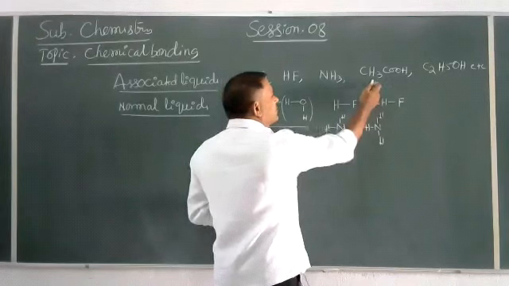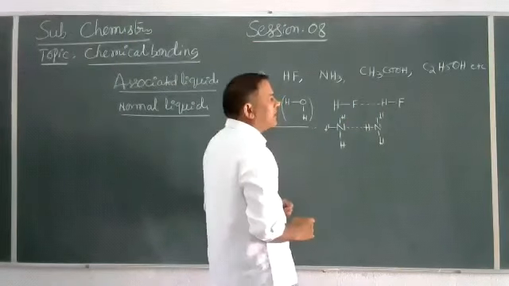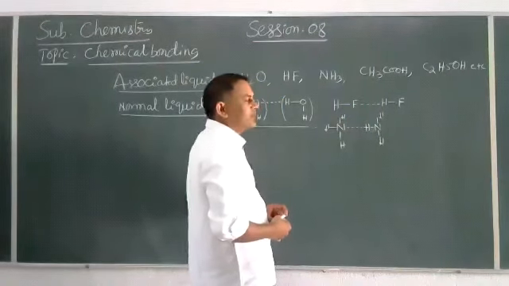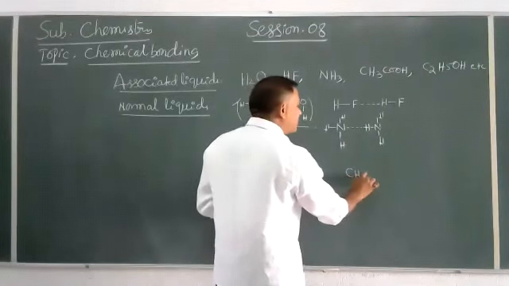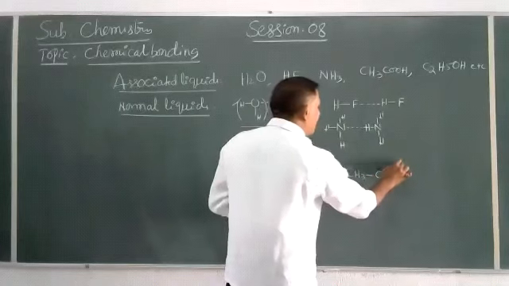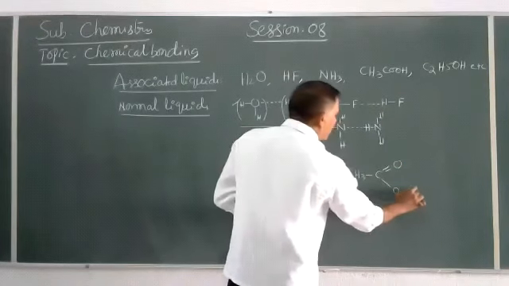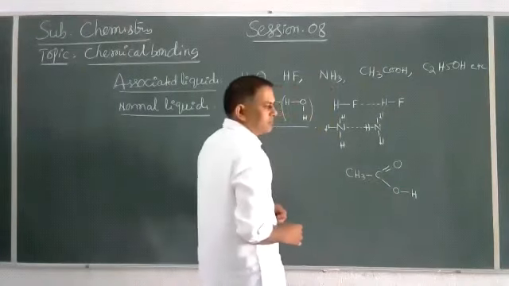Now here CH3COOH associates; it forms a dimeric structure in the liquid state, like CH3, bond C double bond O, bond OH. This is one molecule.